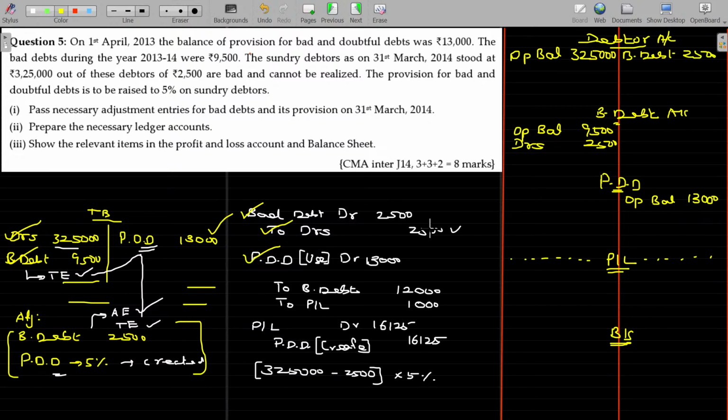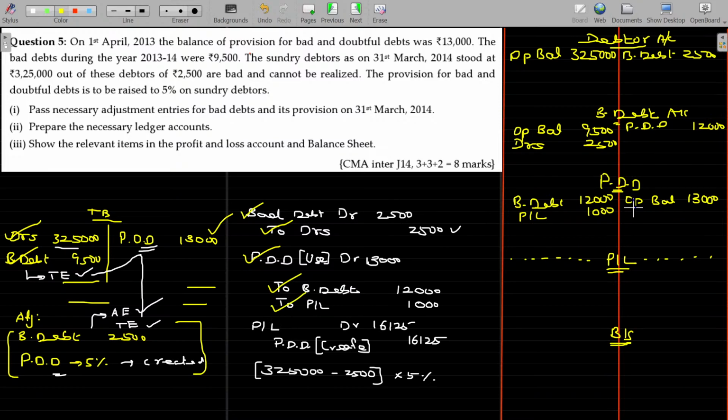In PDD, to bad debt, 12,000. Then to P&L account 1,000. So we have to post these two. In bad debt account by PDD, the value being 12,000.